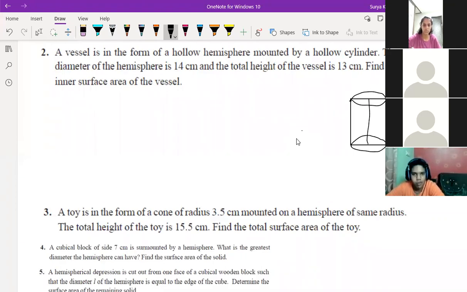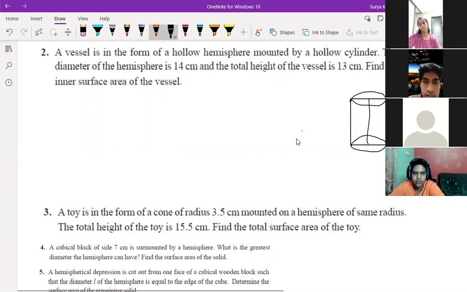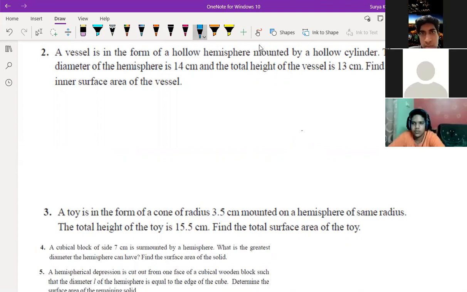So this is a hemisphere. Here, this is a form of a hollow hemisphere. This is not a cylinder. How does a hemisphere look, children? Like a circle, no? The hemisphere will look like it is mounted by a hollow cylinder.